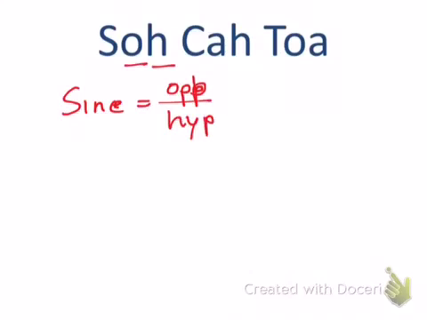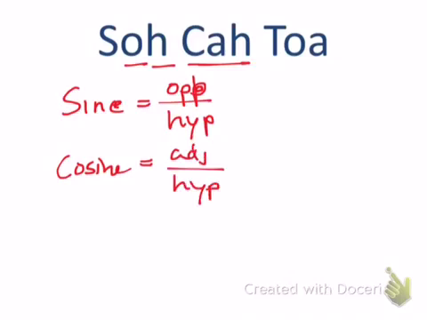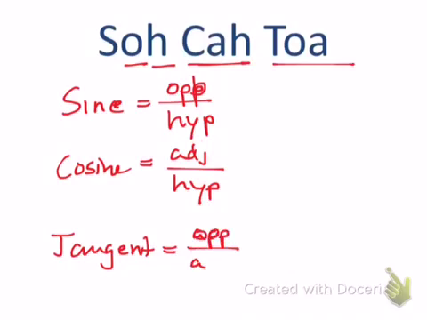The cosine is equal to the adjacent side or the adjacent leg over the hypotenuse. And then tangent, of course, is opposite over adjacent. Okay, so Soh Cah Toa. Tangent is the opposite leg over the adjacent leg.